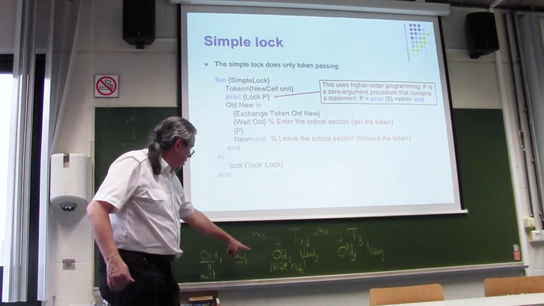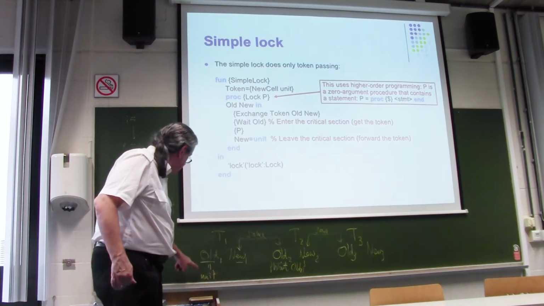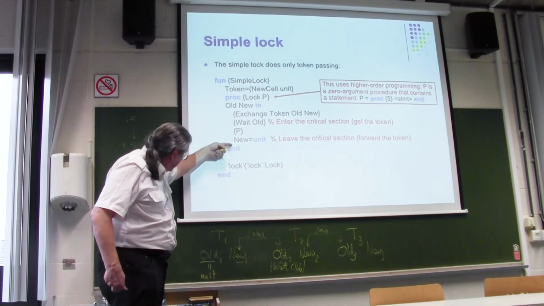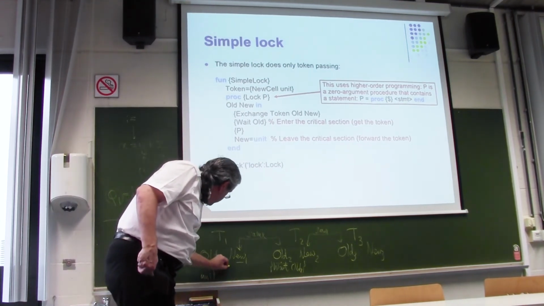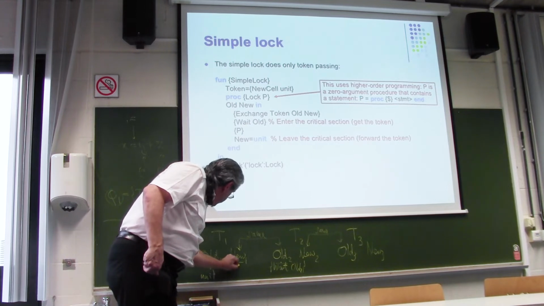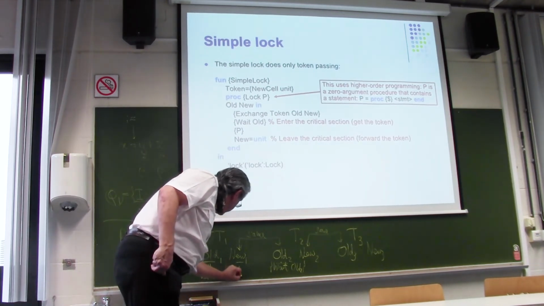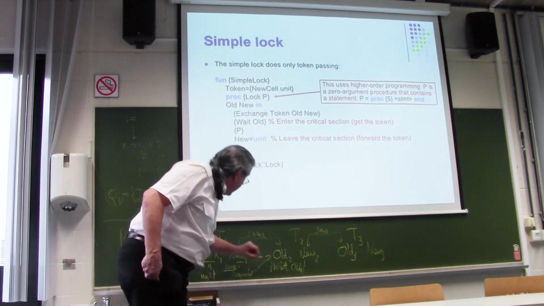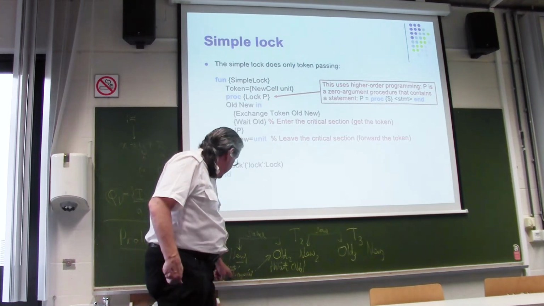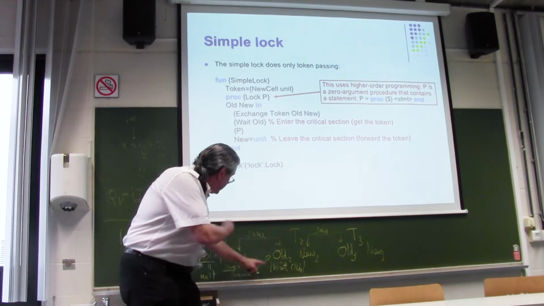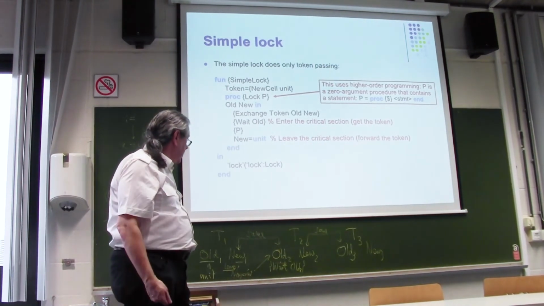So T2 cannot get in because it does not have the token. Now when T1 leaves, it will bind new: new 1 is equal to unit, but that actually binds old 2. So that lets the second thread go in. You see? This is passing the token to the second thread.